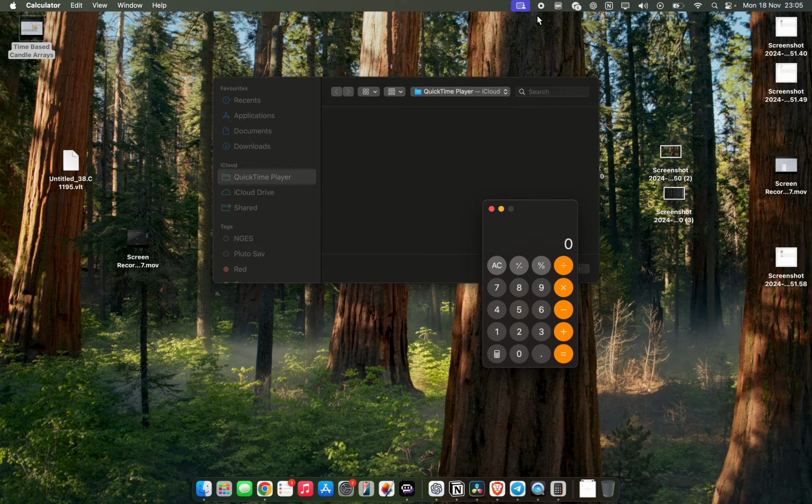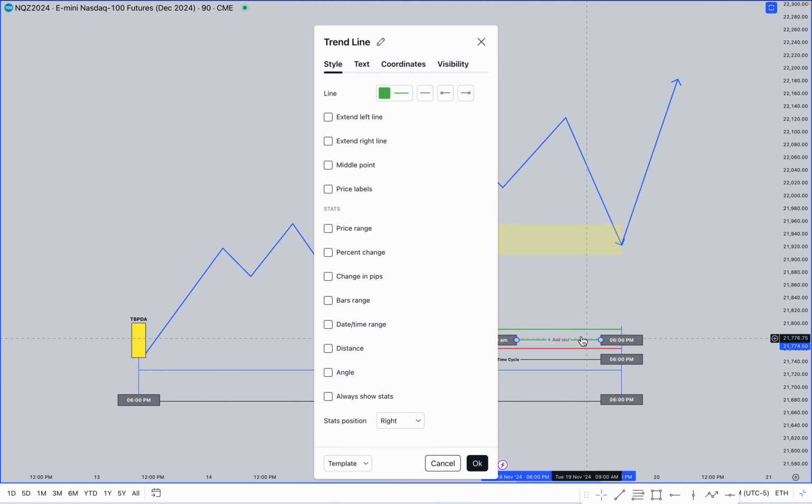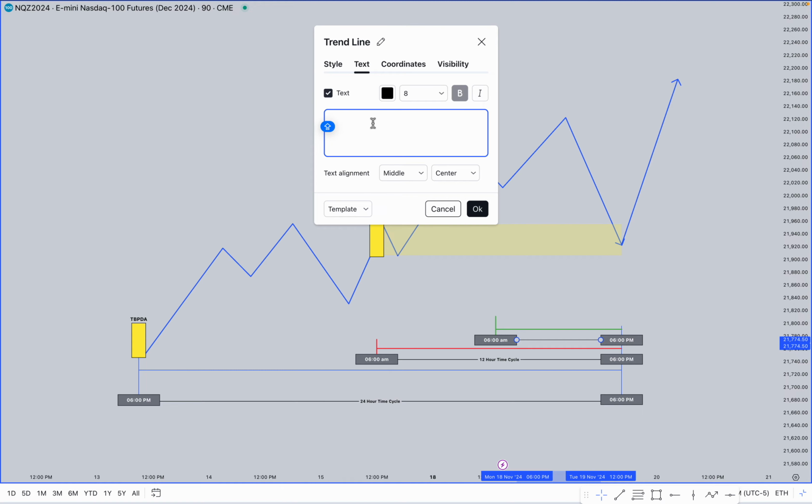Let's see. Okay, it's recording. If we take this right here, and then we say 6, because the difference between here and here is approximately 6 hours, that means the distance from here to here will be a 6-hour cycle.